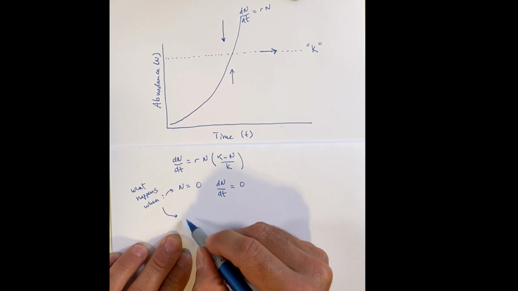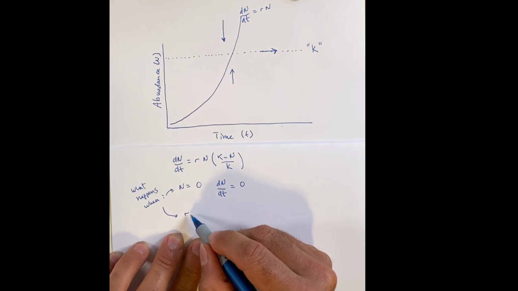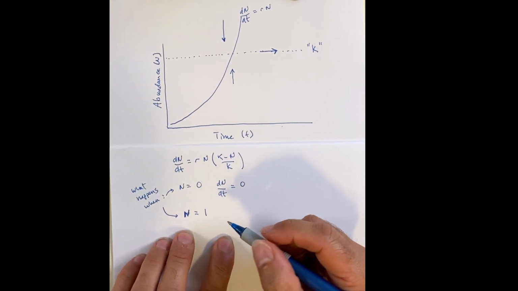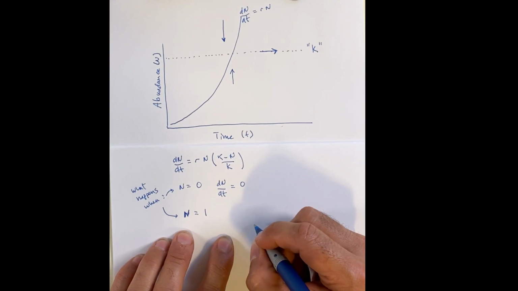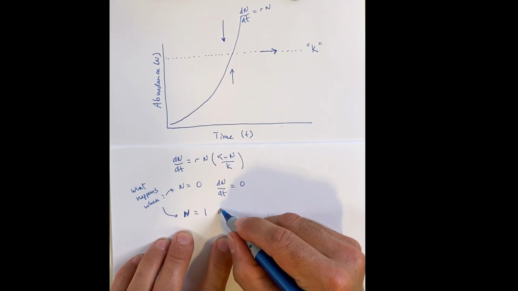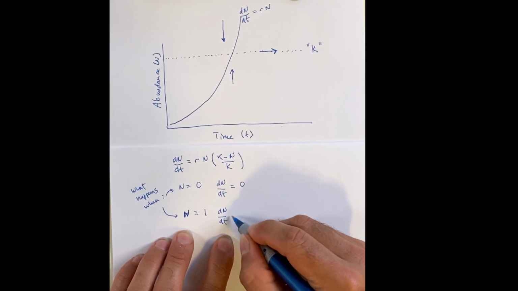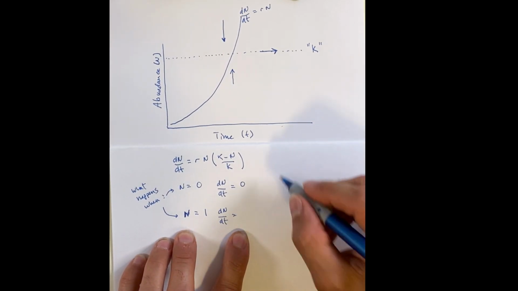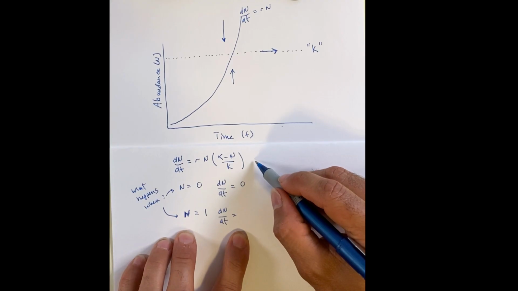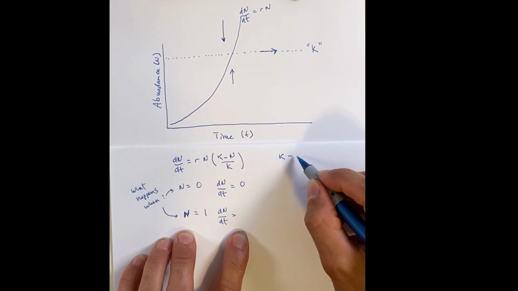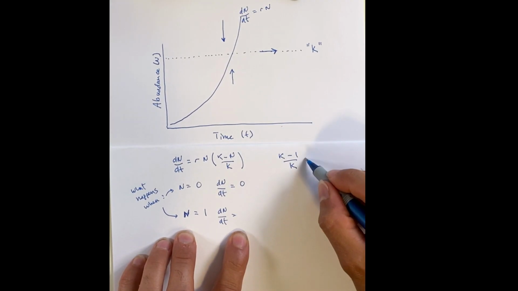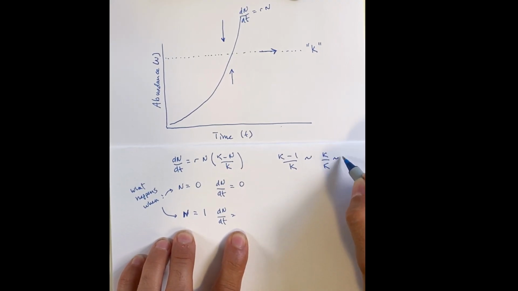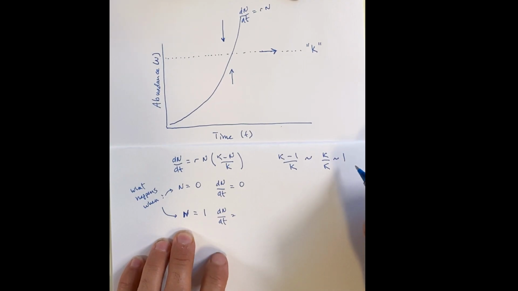All right, so how about the situation where N is very small, but not 0? So like 1 or 2 or something like that. Well, if that's the case, then the rate of growth is going to be dominated by the K term. That is to say, if you take K minus 1, which is the size of our initial population, then you pretty much have K over K, which is about 1.